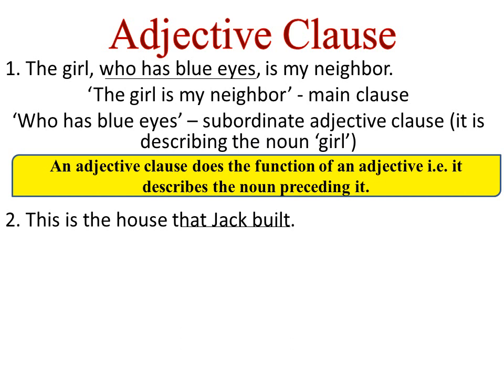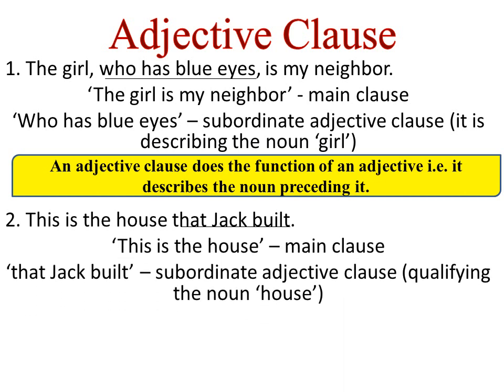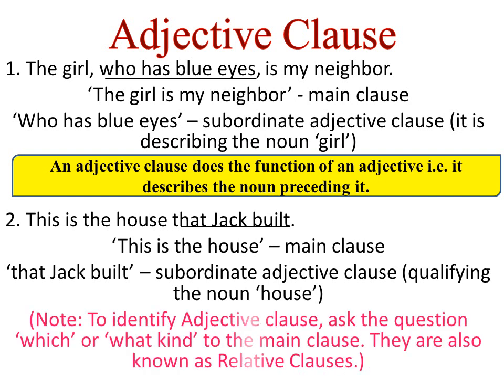Hence you can say that Jack built is the subordinate adjective clause because it is describing more about the noun, that is house, and this is the house becomes your main clause because it forms a complete meaning on its own. Thus, to identify an adjective clause, we can always ask the question which or what kind to the main clause. And adjective clauses are also called relative clauses.